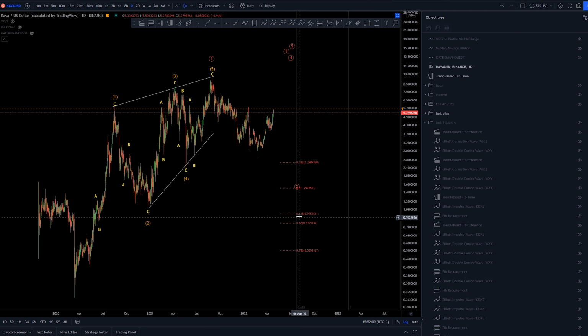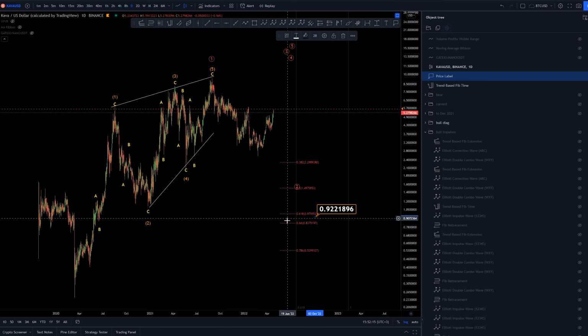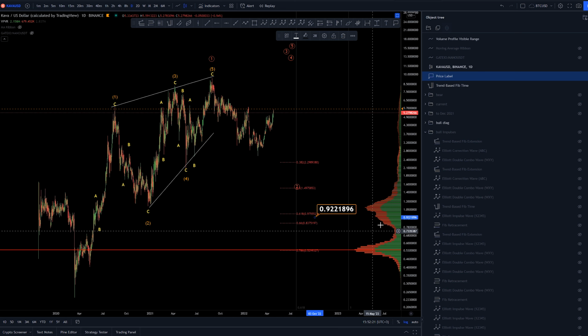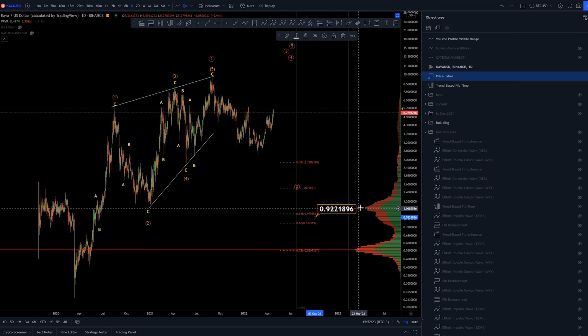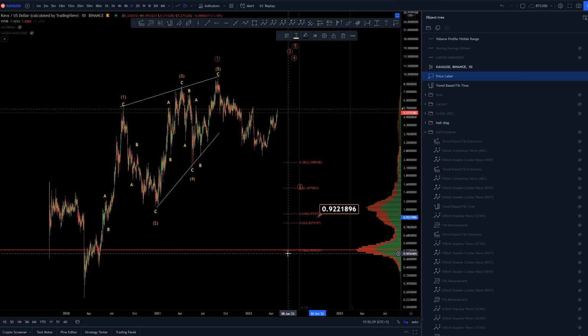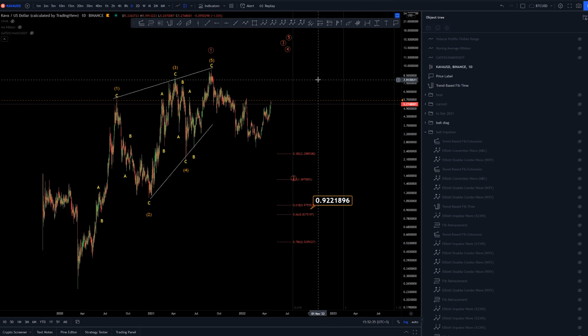Most likely I would be looking for around these areas down here, around the 90 cents area for the wave 2, since the golden pocket is here. Overall, we got two large volume bumps here just before the 618, and one here at the 786 that we were talking about earlier with the high time frame volume profile.